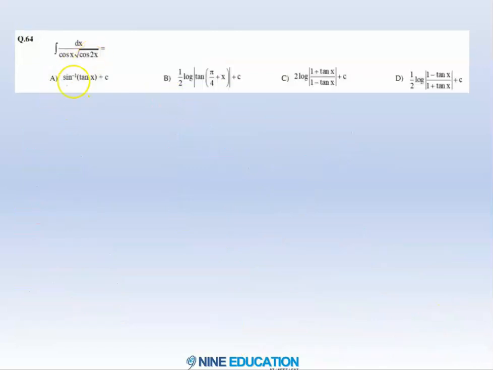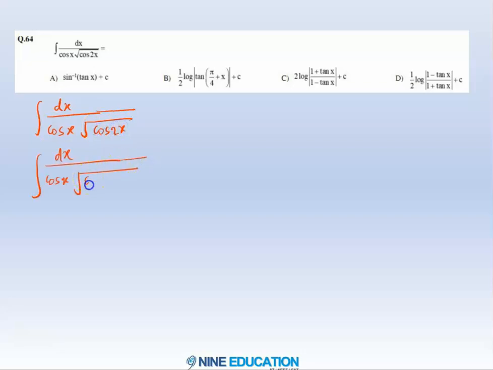Question number 64, we have the integral dx divided by cos x root over cos 2x. In place of cos 2x, I can write cos square x minus sin square x. And now let us divide inside this square root itself by cos square.